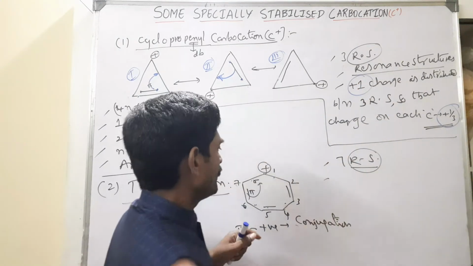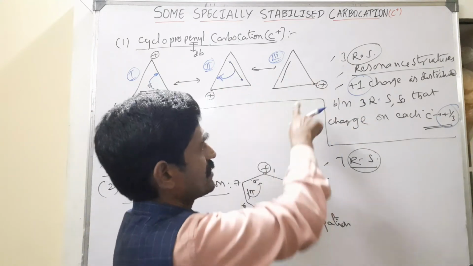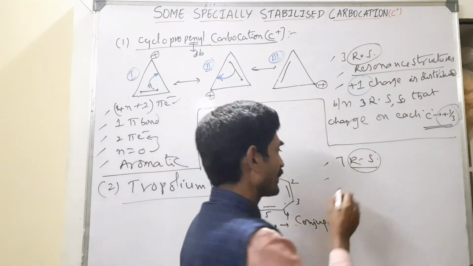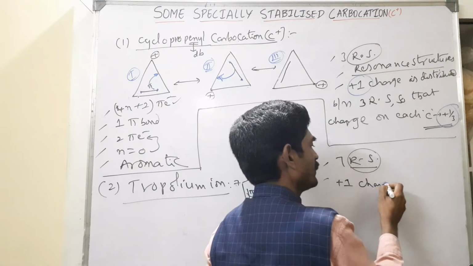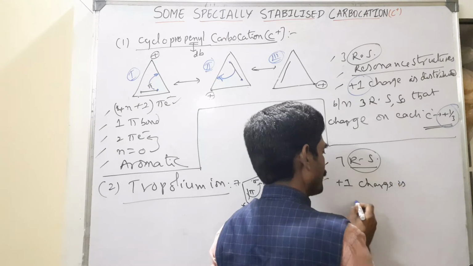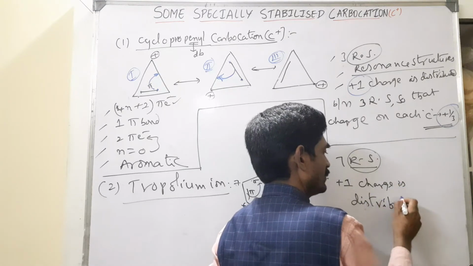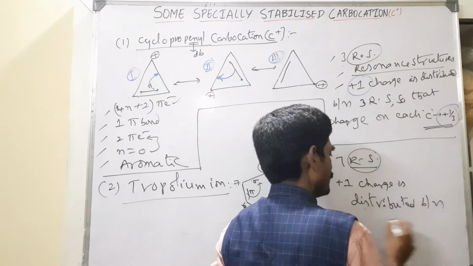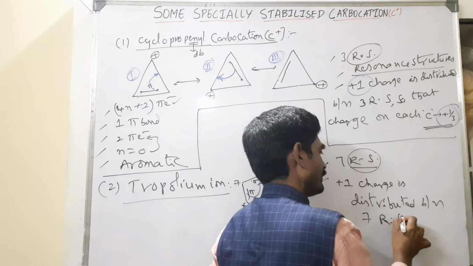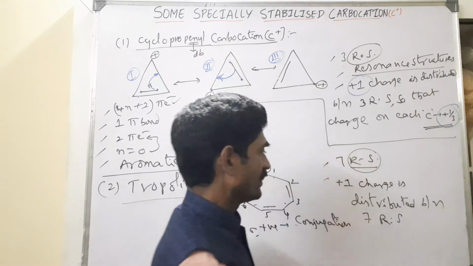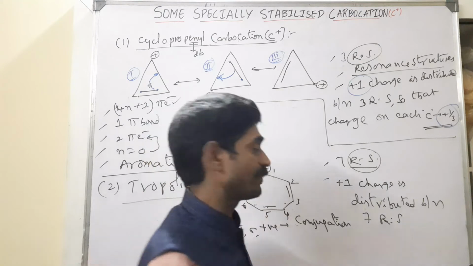That means there the plus 1 positive charge is distributed between 3 carbons, in 3 resonance structures. But here the plus 1 positive charge is distributed between 7 resonance structures. So each carbon gets positive charge plus 1 by 7.